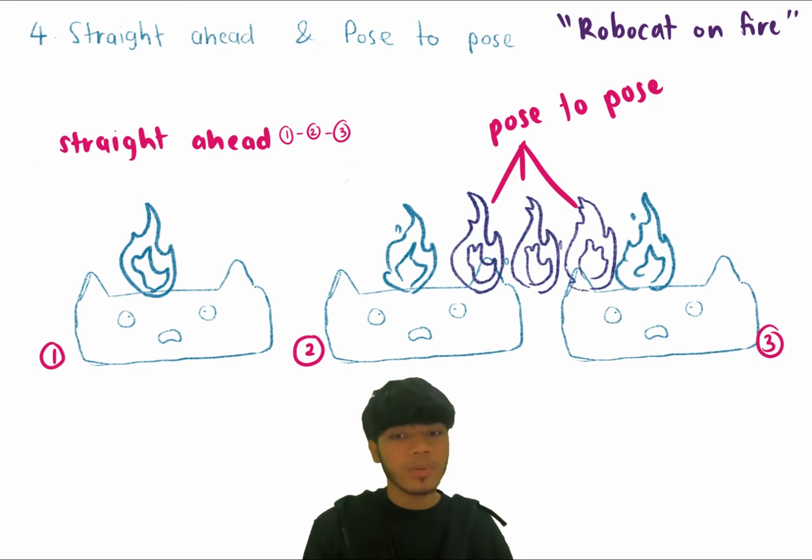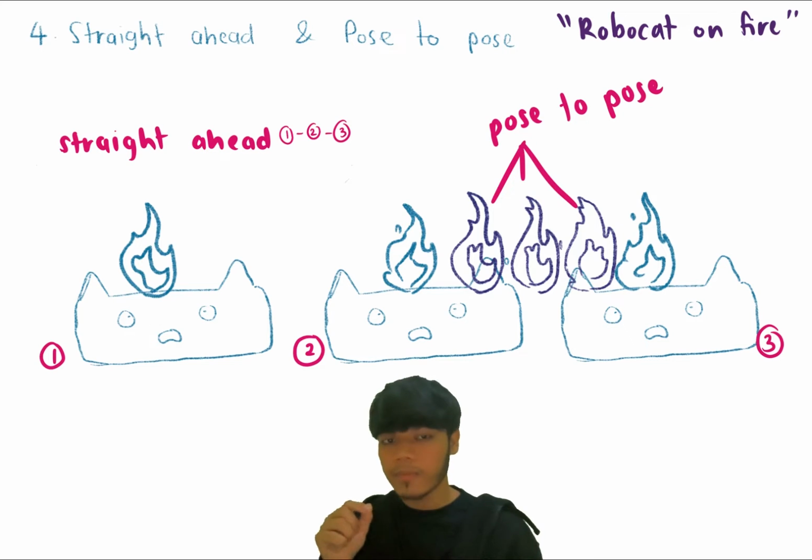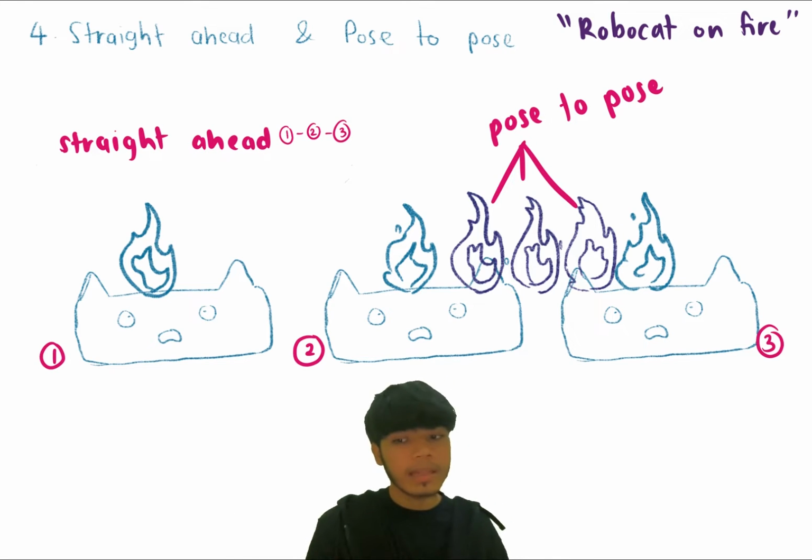Straight ahead and pose to pose. For the next principle of animation, I drew this Robocat on fire. As we can see, my first, second, and third drawings are straight ahead, which means I drew the first frame, second frame, and third frame.